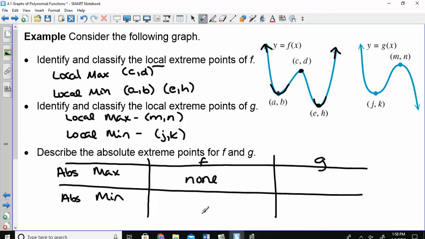Do I have an absolute min on F, a point that is lower than everything else on the graph? EH. Okay, G, does it have an absolute max, the highest point on the entire graph? No, because that keeps going up forever. Does it have an absolute min, a point that is lower than everything else on the graph? No, so that one didn't have any absolute maxes or mins.